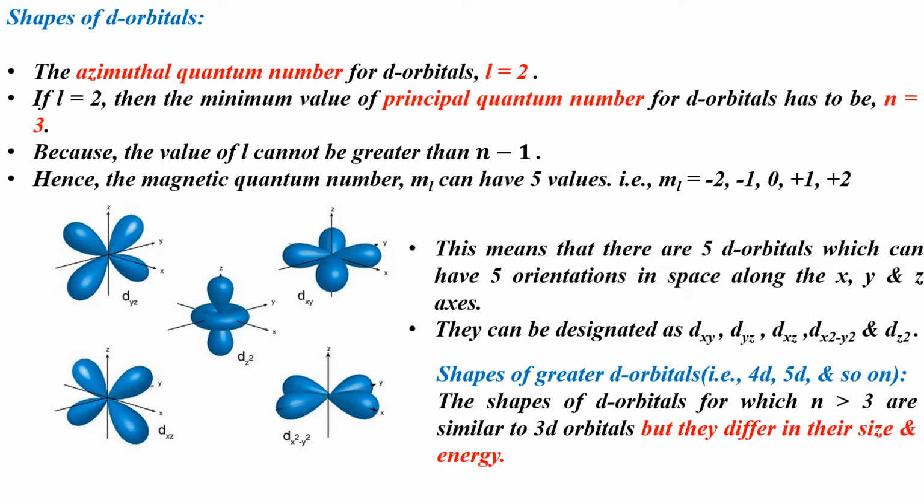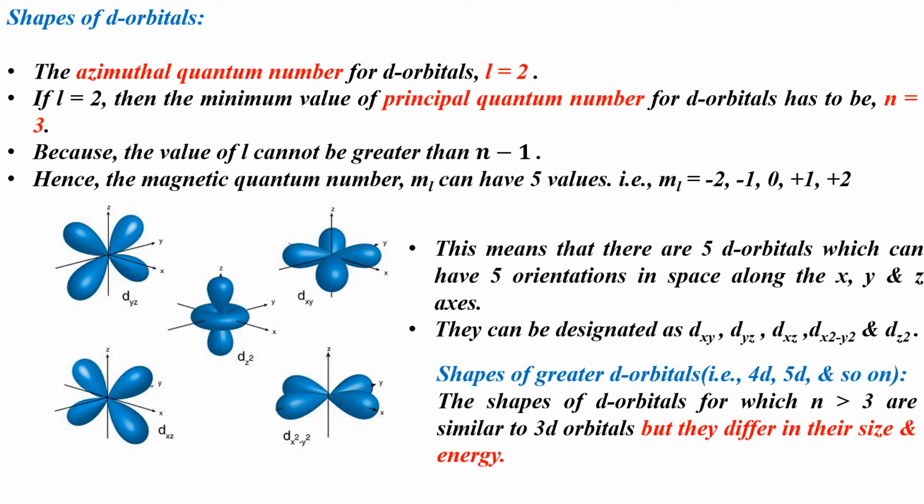You cannot find electrons in d orbitals in the first shell or second shell. This is because the value of L cannot be greater than n minus 1, that is, 3 minus 1 gives you 2.